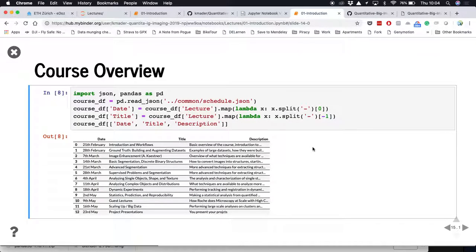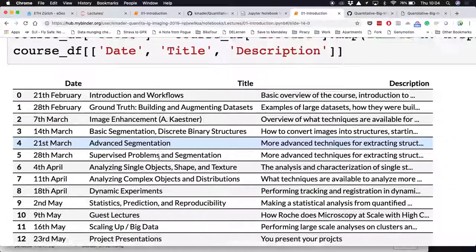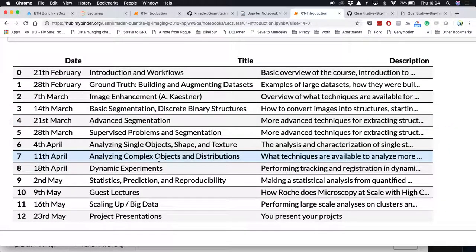So now we'll get to more of the course overview, where the first lecture is the introduction and workflows, and we'll finally get into that after all of this. The second lecture is a new lecture this year, so there aren't any slides from last year. This is really about ground truth: how do you build a data set and augment a data set?